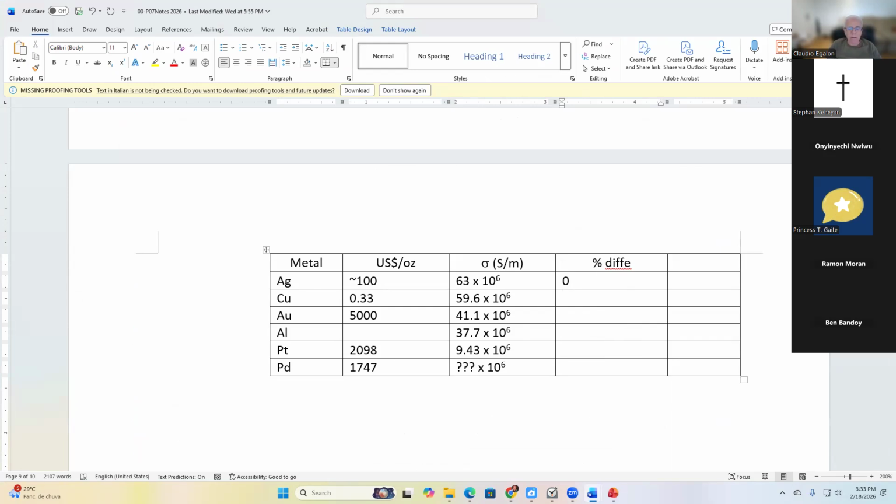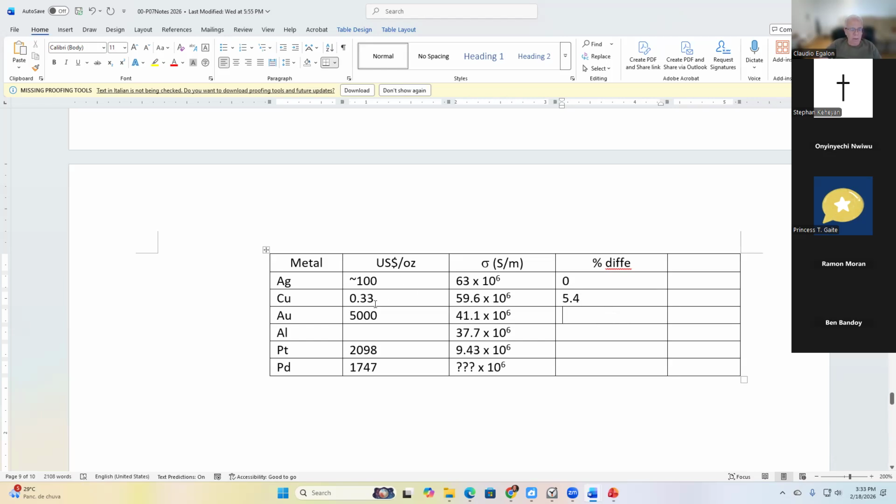How much of a percentage difference is there between those metals with respect to silver? 59.6 is roughly 6% from what I recall. Divided by 63. Yeah, 5.3%, 5.4% less conductive than silver, copper.